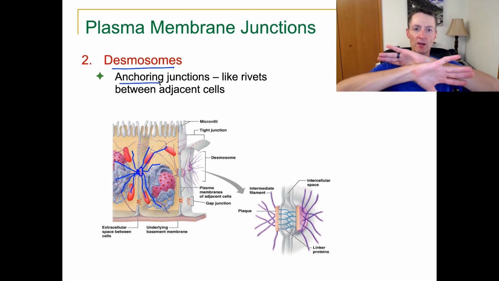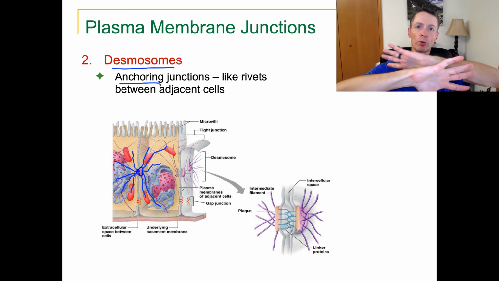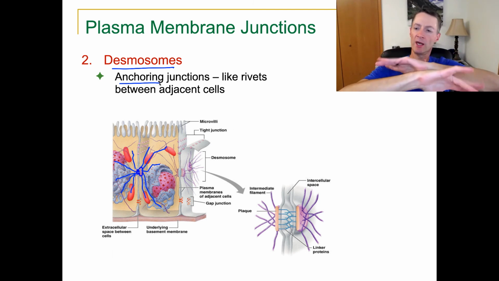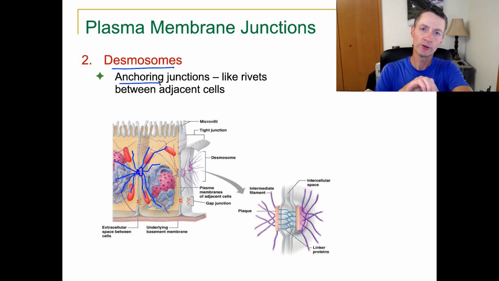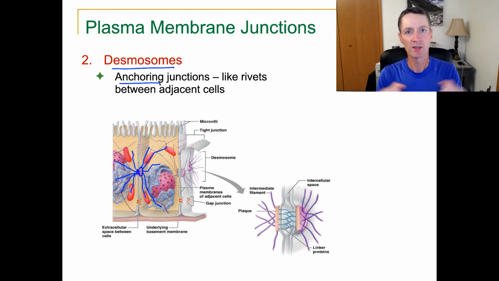We have adjacent cells, almost like rivets between these two cells, and we have these roots that extend deep into the two neighboring cells. It's not going to be easy to tear those cells apart. Skin cells, between them, are chock full of desmosomes so that these skin cells don't tear apart. Okay, so desmosomes, strong anchors between cells.